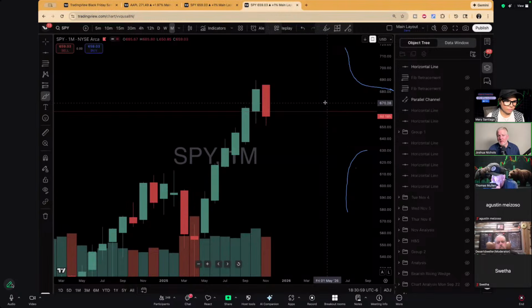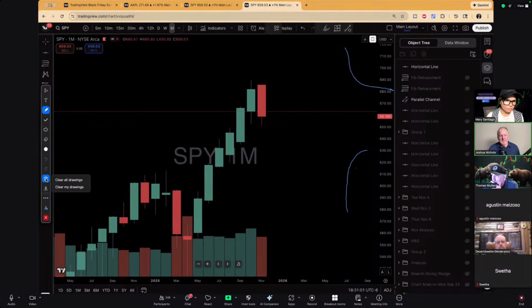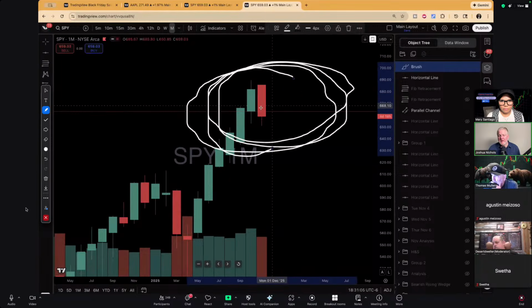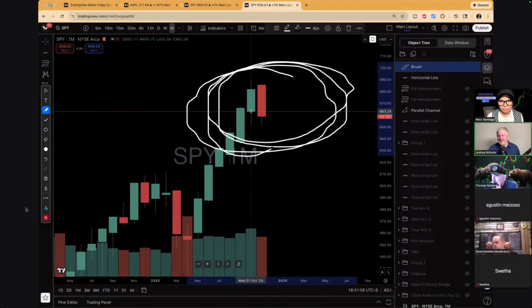But I'm just letting you know that, trust me, anybody who charts like me understands that this tells the market exactly what's going to happen in the month of December. So if we come up to 660, I'll get you the exact number. It's the exact close of this candle, or this exact open, 663.17.